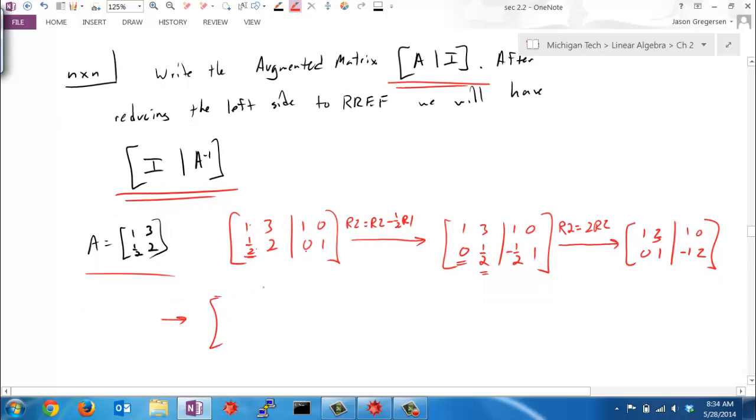And then my next step should be to take row 1 and replace it with R1 minus 3 times R2. I'm going to eliminate this term right here. Now the second row stays the same. I get 0, 1, and 1 minus 3 times negative 1, that should be 4.